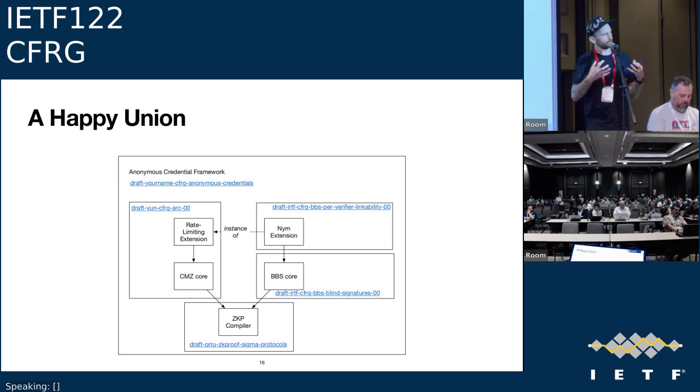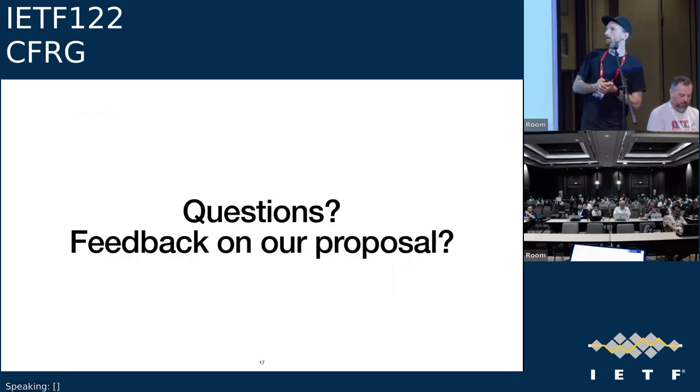And then there are core fundamental pieces that are factored out and worked on, like the zero knowledge proof compiler or whatever else is necessary for this work to be done. And yeah, that's it. Happy to take any questions. I'm curious to hear what folks think about the feedback on the proposal, especially given the KEM combiner stuff that we were talking about earlier.